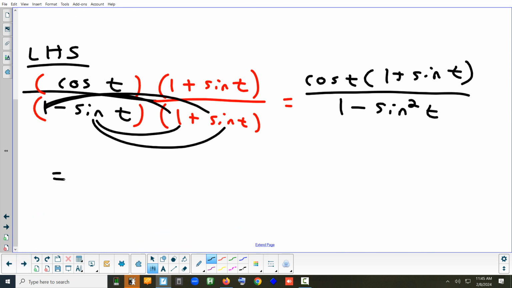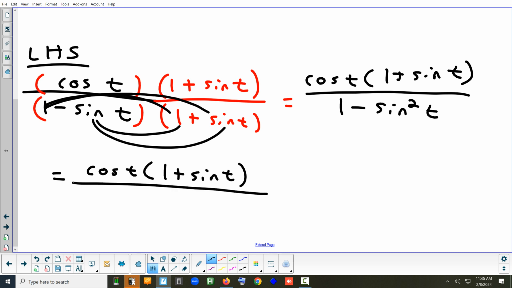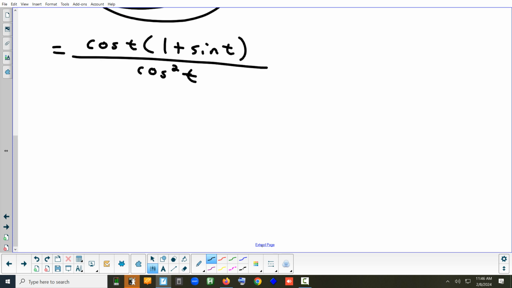So top is cosine times 1 plus sine, and the bottom turned into cosine squared. Now, the top and the bottom have a common factor. It's kind of like having something like 3 times 1 plus x over 9. You can reduce.